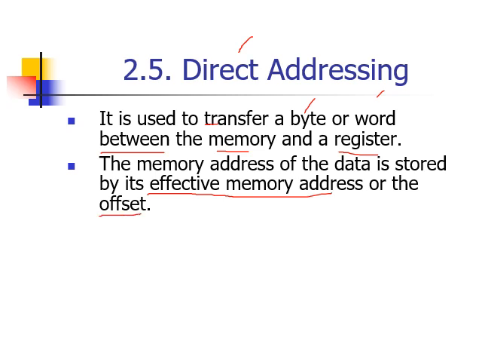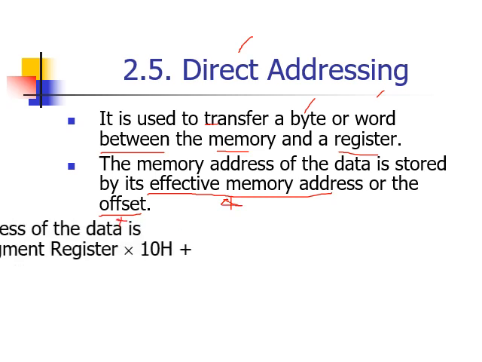So, how many memory locations you need to move up from the value inside the segment register. This is what's known as the effective or offset address.